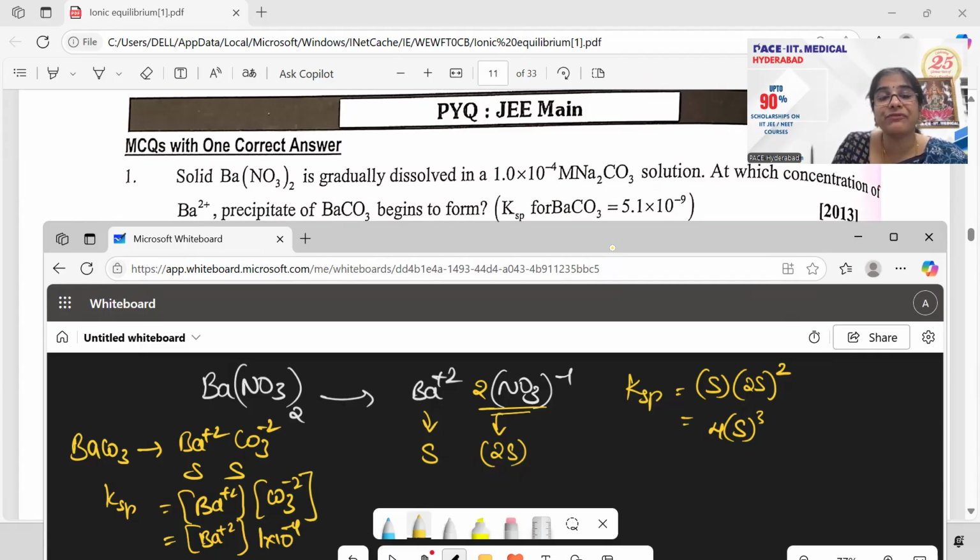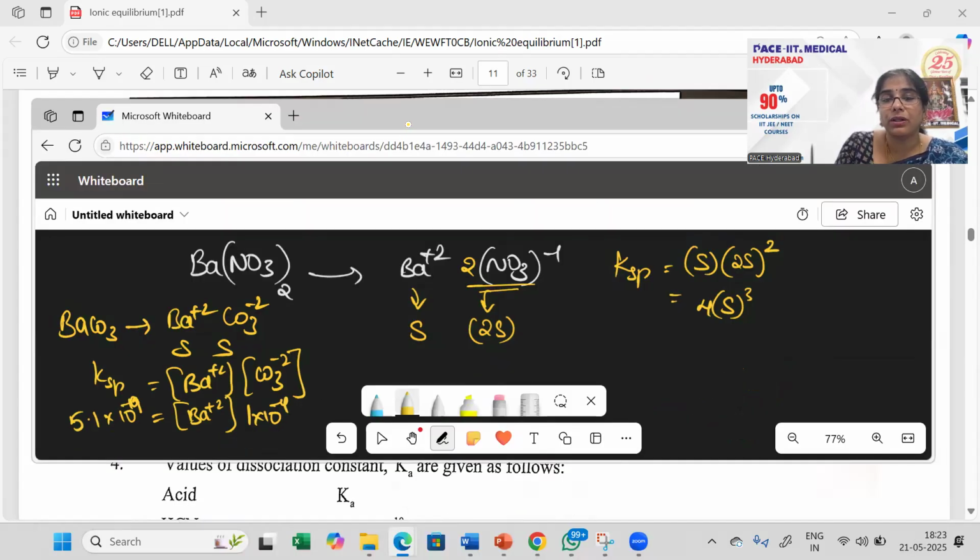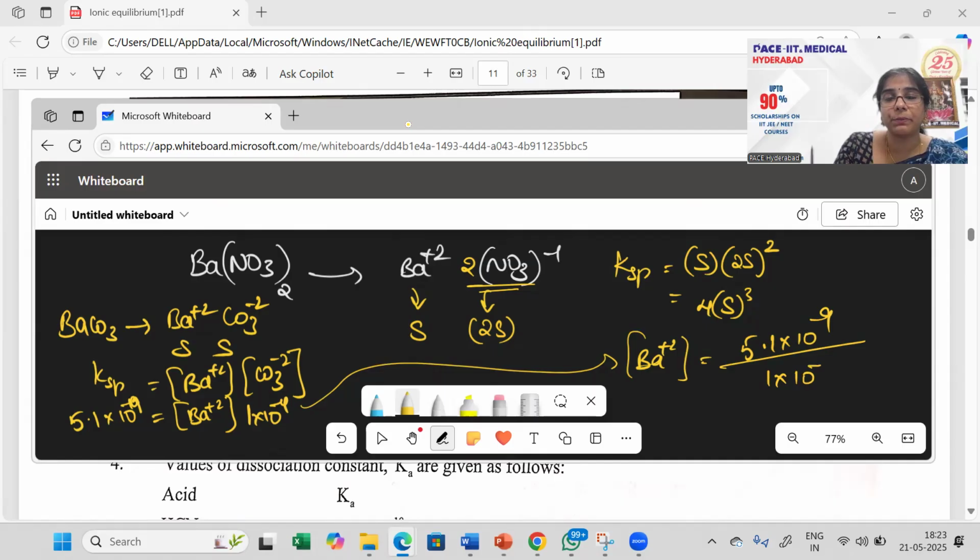And KSP for barium carbonate is given to me as 5.1 into 10 to the power minus 9, right? That is my KSP given to me. So when all these things are given to me, then my barium plus 2 concentration would be just 5.1 into 10 to the power minus 9 by 1 into 10 to the power minus 4. This is nothing but 5.1 into 10 to the power minus 5.